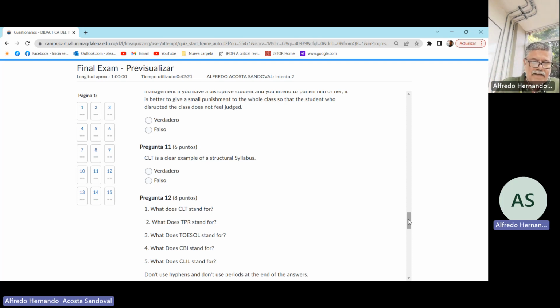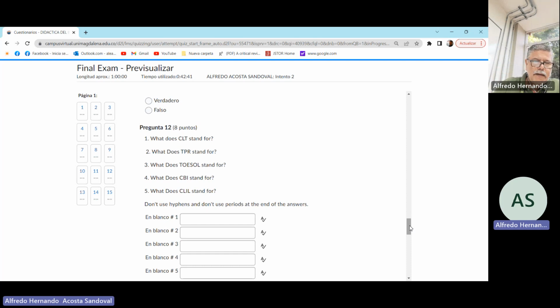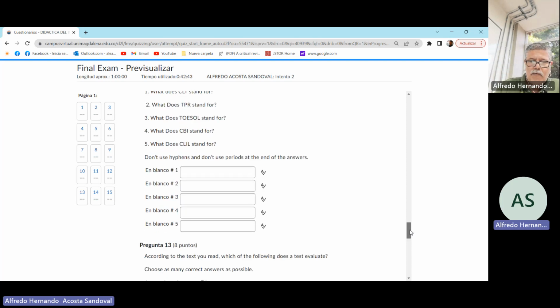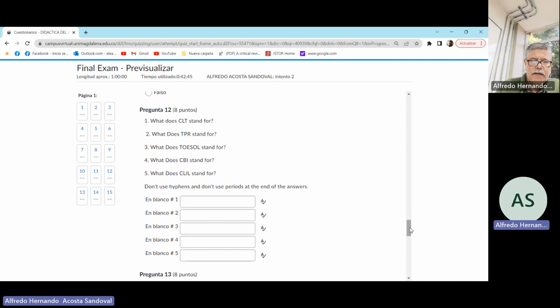CLT is a clear example of a structural syllabus. Well, I mean, I've mentioned some questions that might be challenging. I would say this is completely the opposite, because clearly CLT is all the opposite to a structural syllabus. Now, okay, what do these acronyms stand for?